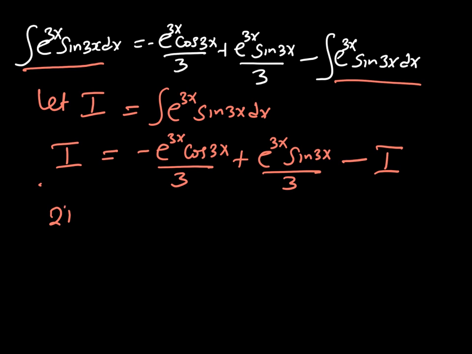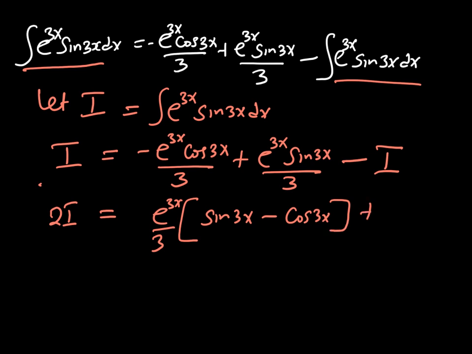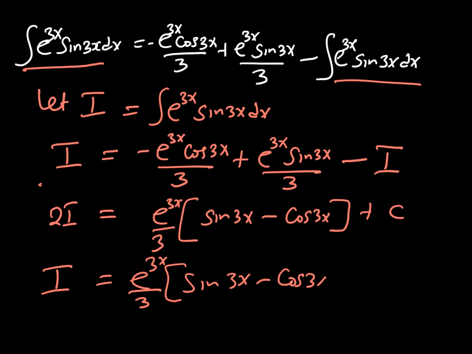We have 2I equal to e to power 3x out of 3 into sine 3x minus cosine of 3x, plus some constant, or my I is equal to e to power 3x over 3 into sine 3x minus cos 3x, then plus the c.